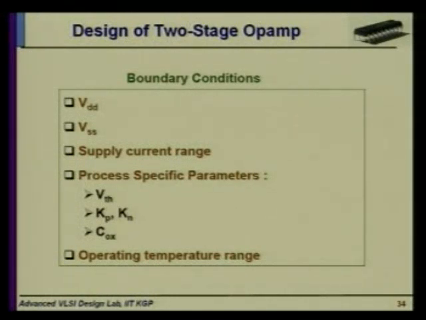Supply current range and process-specific parameters, that is the threshold voltage, Kp, Kn and Cox, are all technology parameters, the process parameters that you are using, so these are not in our hand. They will be provided to you whenever a process is chosen to design something. And the operating temperature range is the range at which your design should work properly. A designer should know all these things.